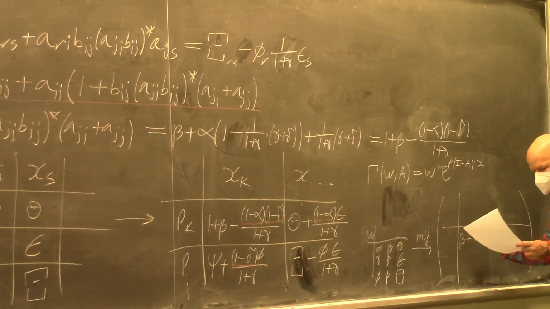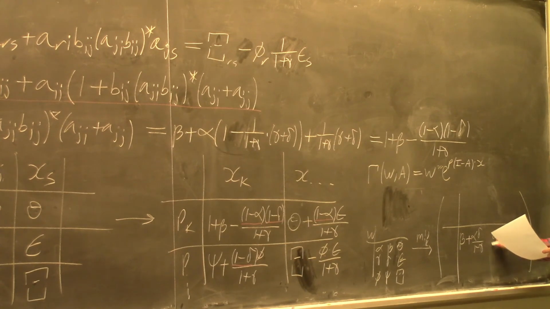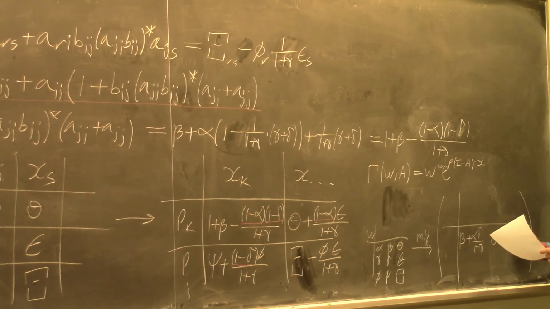beta plus alpha delta divided by 1 minus gamma, theta plus alpha epsilon divided by 1 minus gamma.